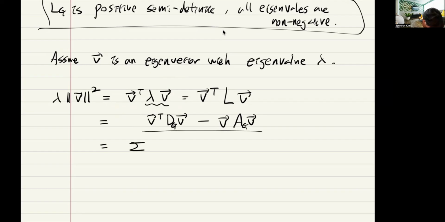So this is the summation of degree of i times b i squared minus the summation over i, j of A i j b i b j.